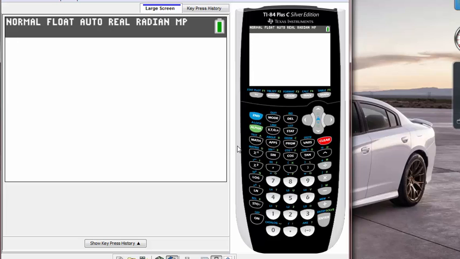So let me show you where the minus sign is. So minus sign is located on the right side where normal math operations are. So there's a division sign on the right, there's a multiplication sign, minus sign, and plus sign, right? Like we went over in the previous videos. So on top of the plus, you will see this bar here.